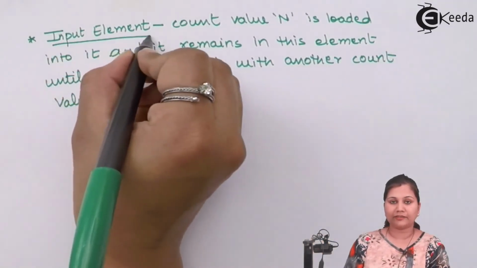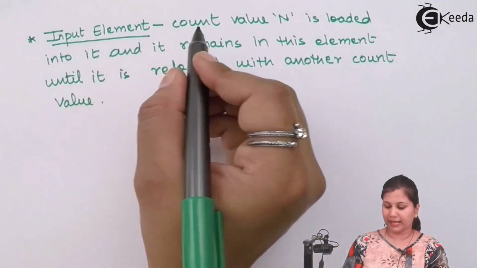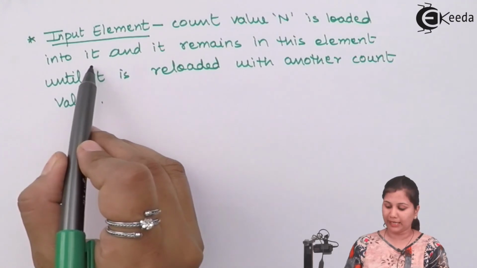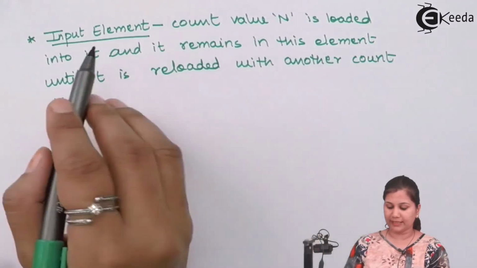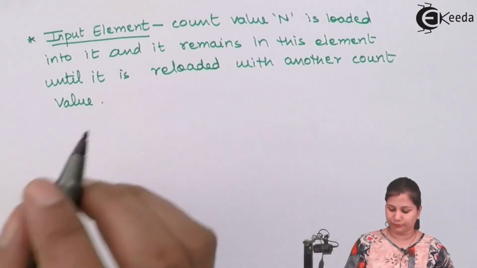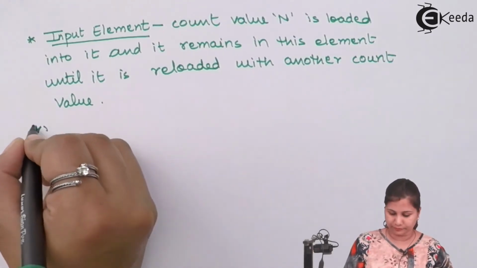We can say that the function of the input element is that the count value is loaded into the input element, and it remains in this element until it is reloaded with another count value.